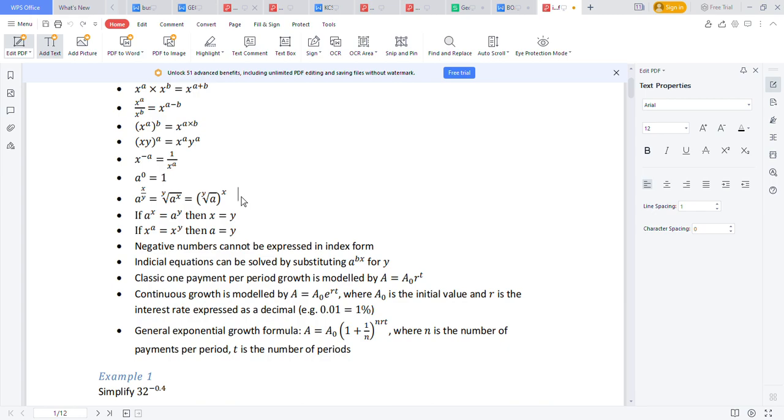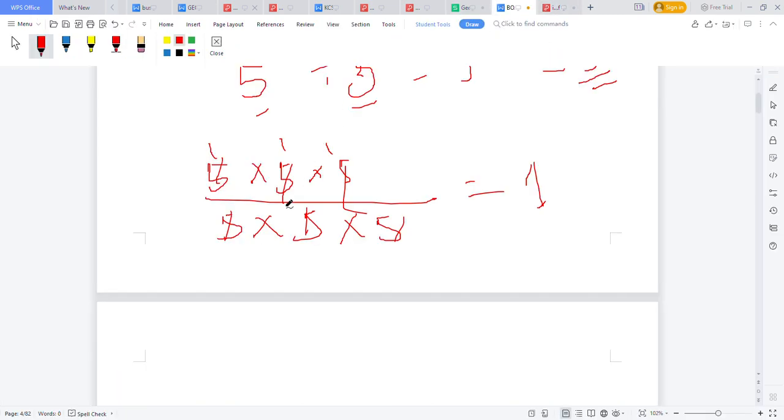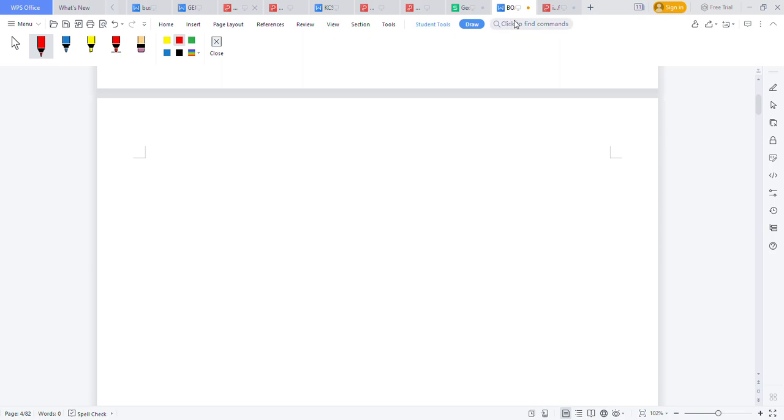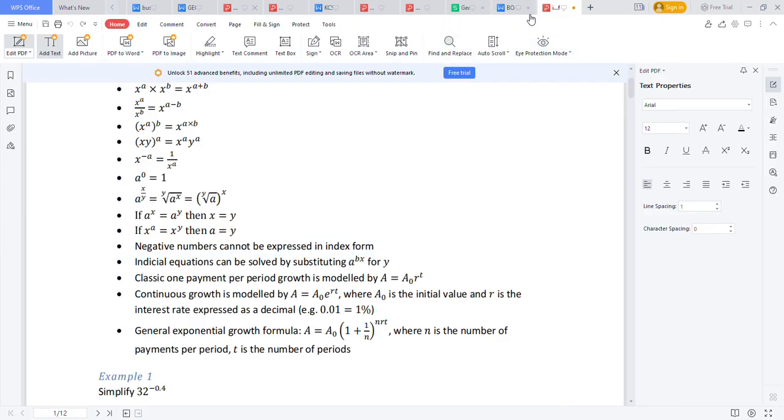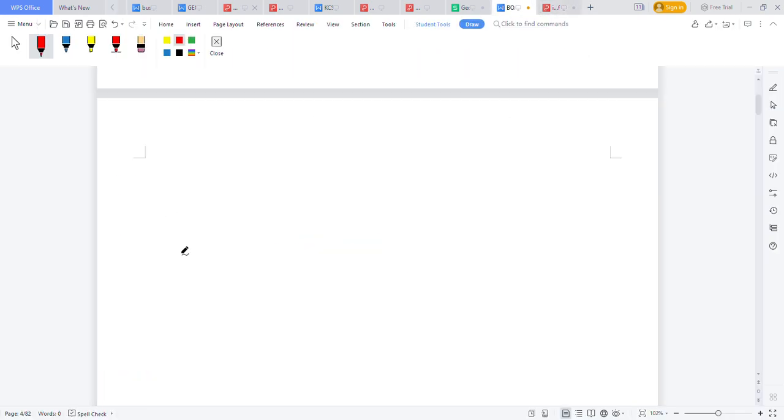So you have a raised to power x over y is equal to the y root of a raised to power x. Mr. Victor, kindly explain that. I'm going to explain that to you. So this is what we mean. You have a raised to x over y.